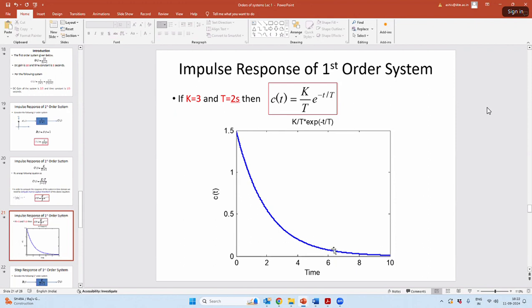For a first order system, typically it takes about 5 times the time constant to follow the input. Here your time constant is 2 seconds, so it decays to the input, or 0 in this case, at about 10 seconds. So you can see that at 10 seconds, the output has reduced to the input, which is at 0.